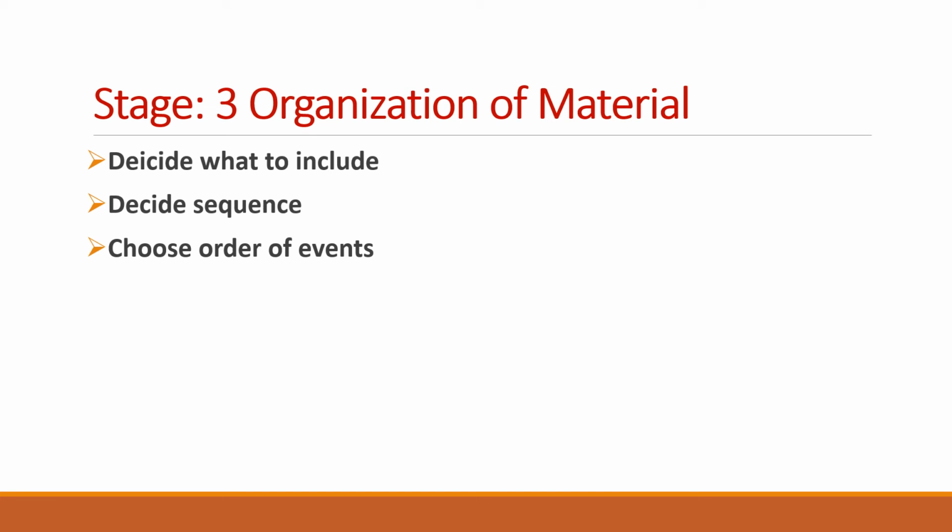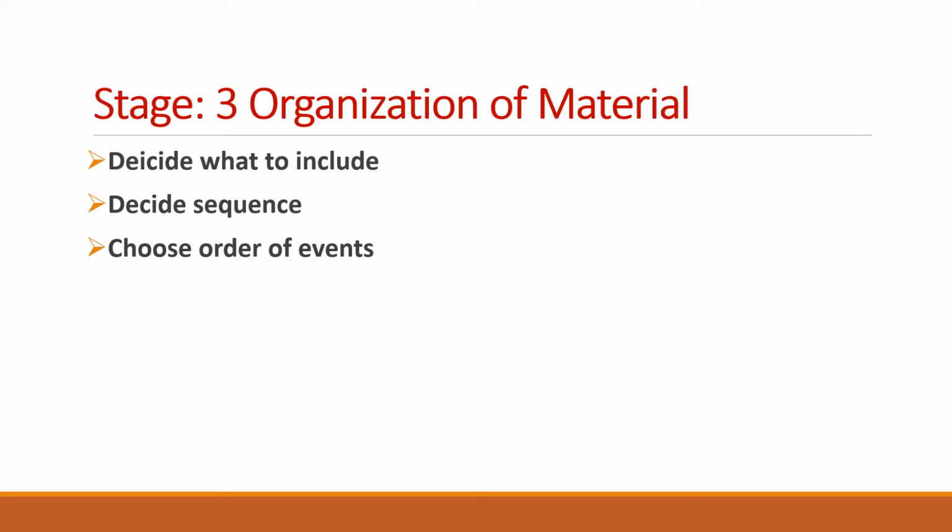So to retain organization in the material, the first thing that we need to do is to decide what to include. This has already been pointed out, that selection of the relevant material and dropping out the irrelevant material is an important decision that is made while making selection of the material.